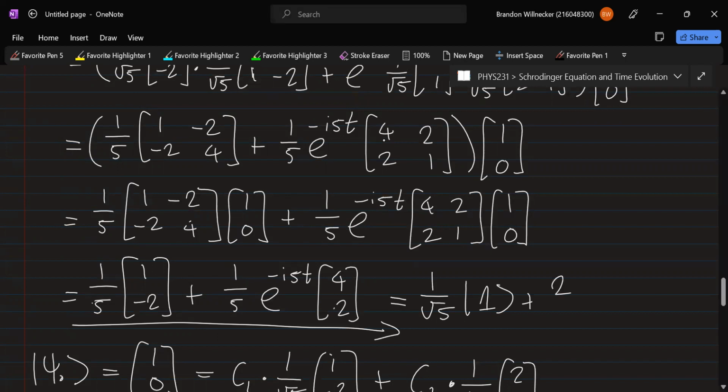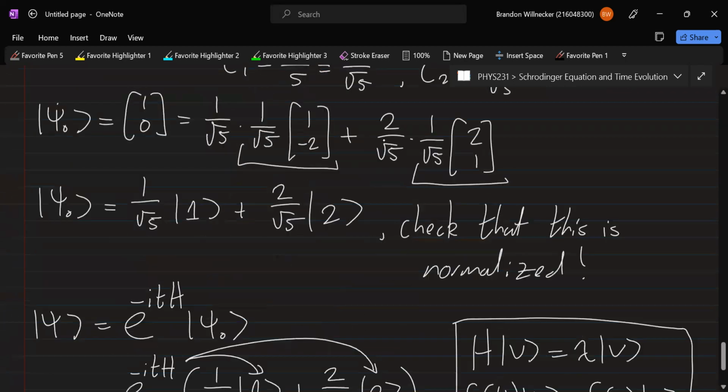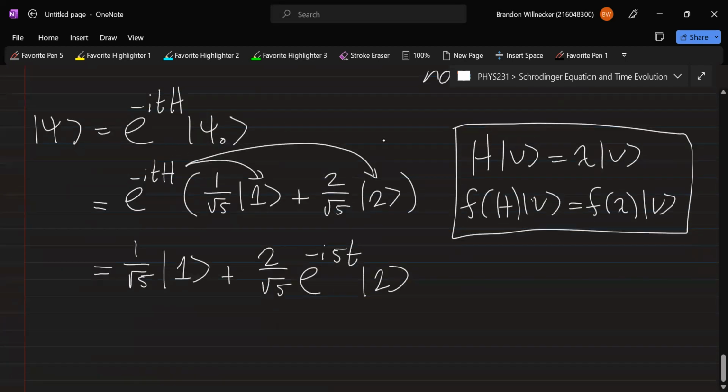So this will be plus 2 over root 5, e to the minus i root 5 t, and then (2, 1), that's the second eigenstate, so that's |2>. So you see we get exactly the same answer here, just by using the fact that the function of an operator operating on an eigenstate is the function of the eigenvalue operating onto the eigenstate.